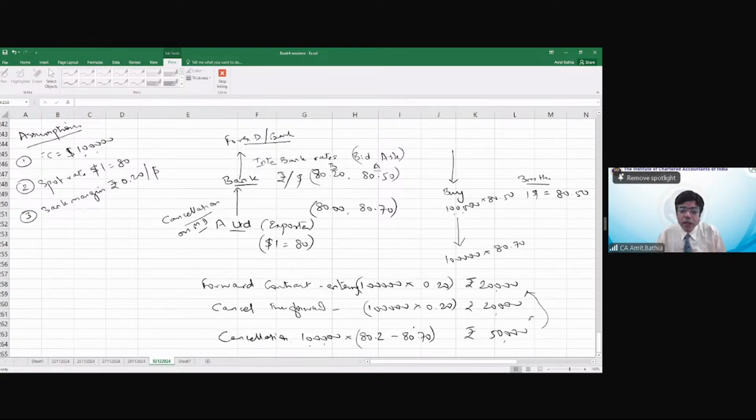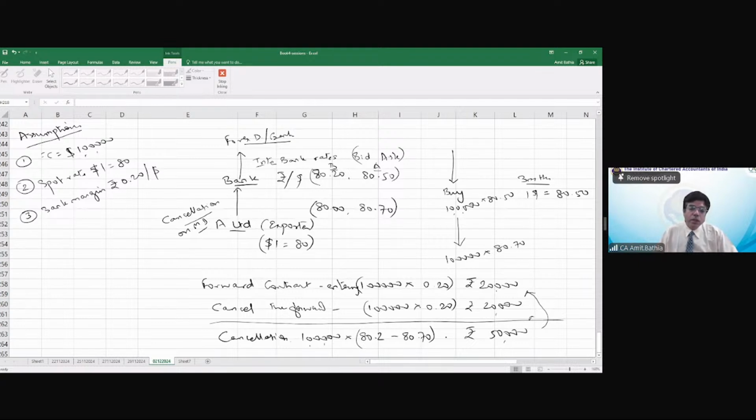These are two independent things, right? So cancellation wise, I have to pay 80.2 minus 80.70. So I have 50,000 of loss. You can see over here, bank charges were only 40,000. Then why am I paying 10,000 more? That is mainly because of the cancellation part, right?